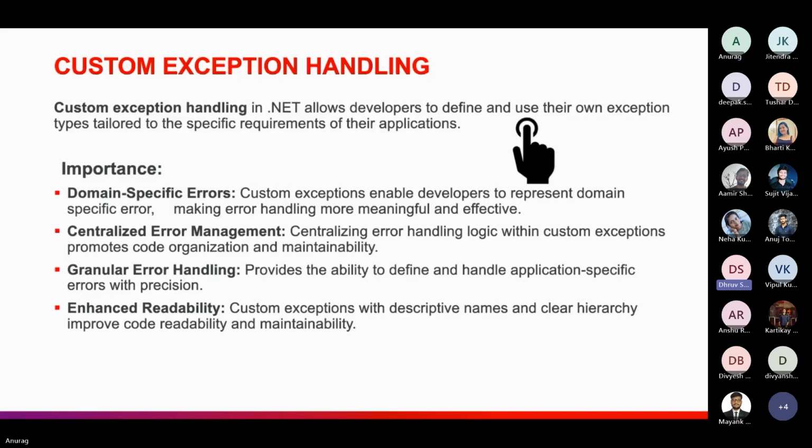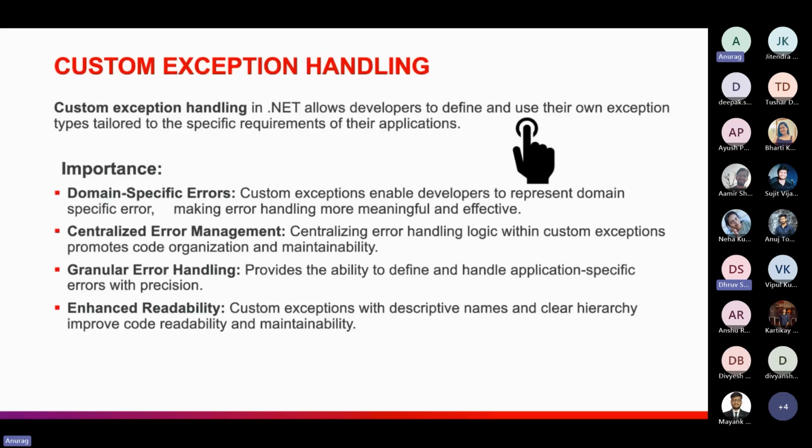Second one is centralized error management. Centralizing error handling logic within custom exceptions promotes code organization and maintainability. Third one is granular error handling. It provides the ability to define and handle application specific errors with precision. And the last one is enhanced readability.